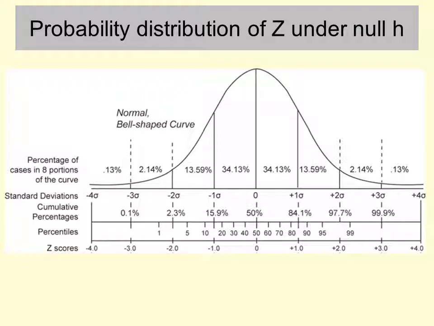So at that point we, in our behavioural research at least, tend to reject the null hypothesis and say we think that it's false. Okay, so that's the distribution of the statistic we're calculating in the case where there is no effect of the experiment, essentially.